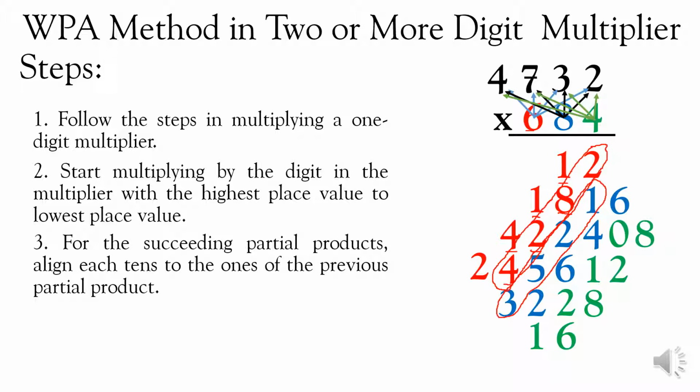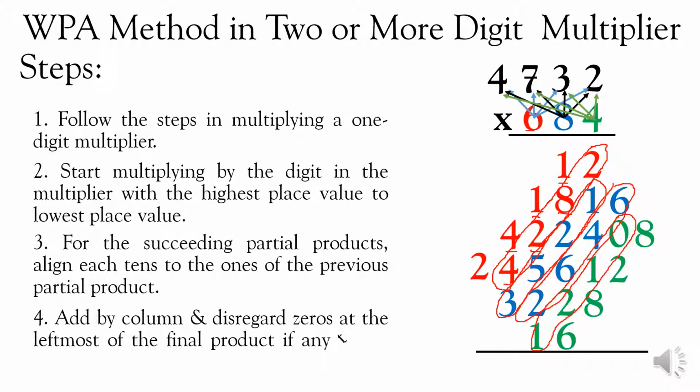Again, in this case, we follow exactly the third step, wherein the tens of the succeeding partial products are aligned to the ones of the previous partial product. Okay, since there has been no digit left to be multiplied, we will take step 4, which is adding by column and disregarding 0 at the leftmost, if any, to get the final product.